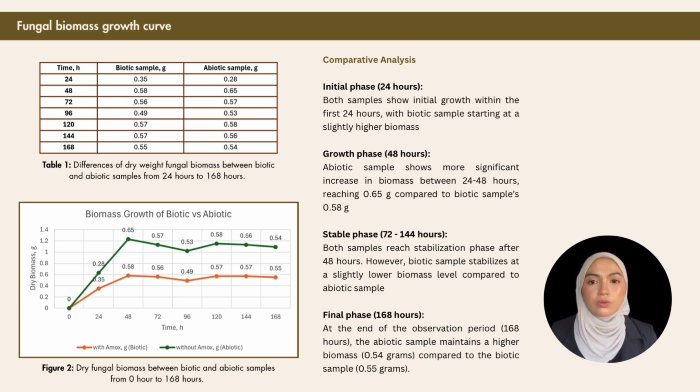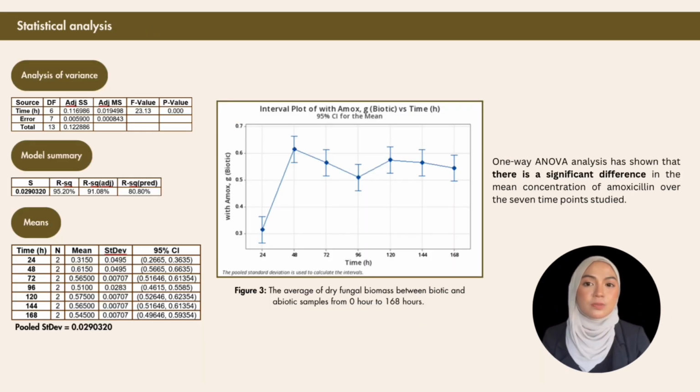The initial rapid growth in the abiotic sample suggests that without the inhibitory effects of amoxicillin, the fungi can proliferate more quickly. Both samples eventually reach a stable phase, but the abiotic sample maintains a higher biomass throughout the observed period. Lastly, to support my data, I conducted statistical analysis using one-way ANOVA.